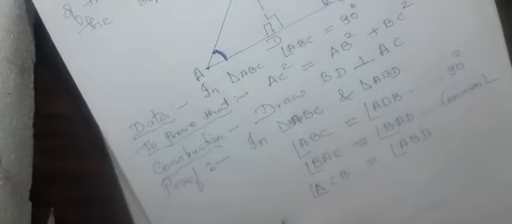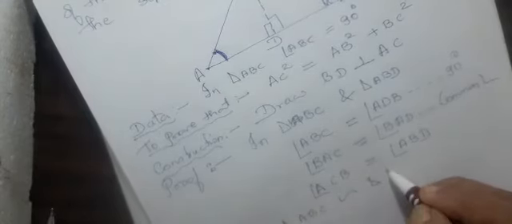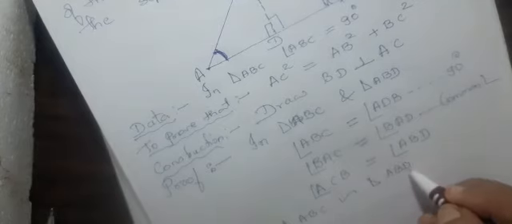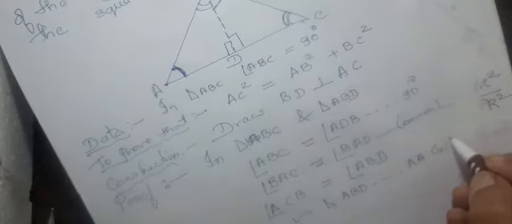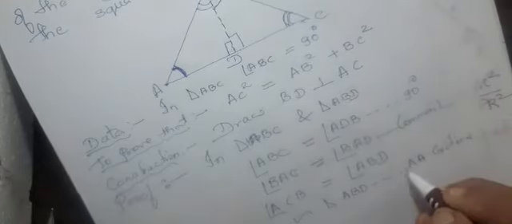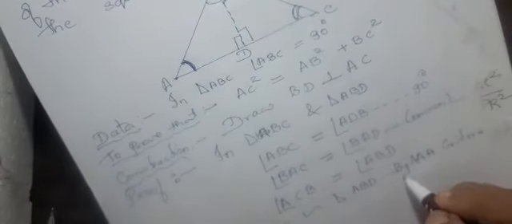They are similar. So therefore, right angle triangle ABC is similar to right angle triangle ABD. How? This is by AA criteria, or AAA criteria. So we have proved that three angles of this triangle are equal to three angles of the other.